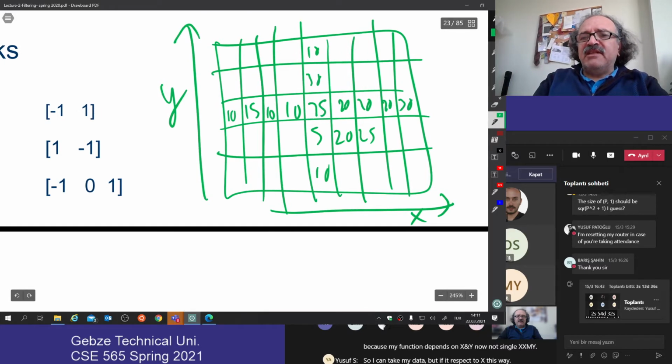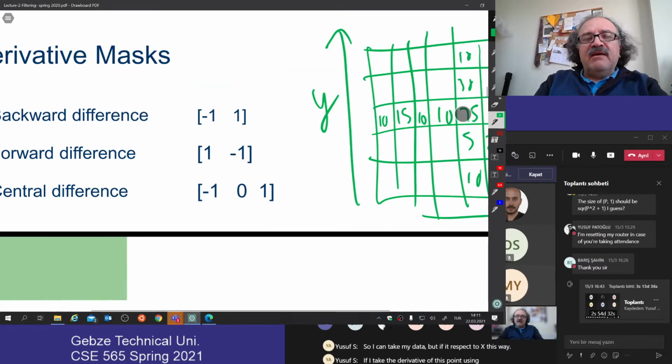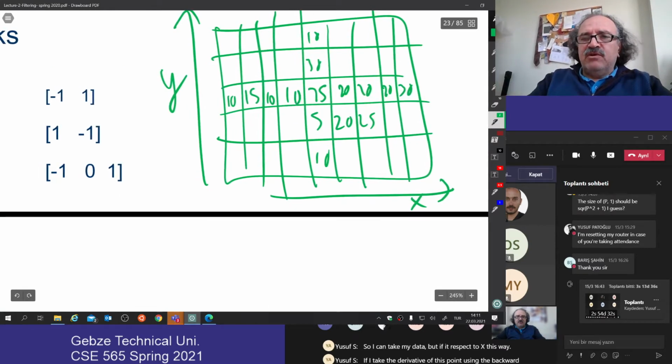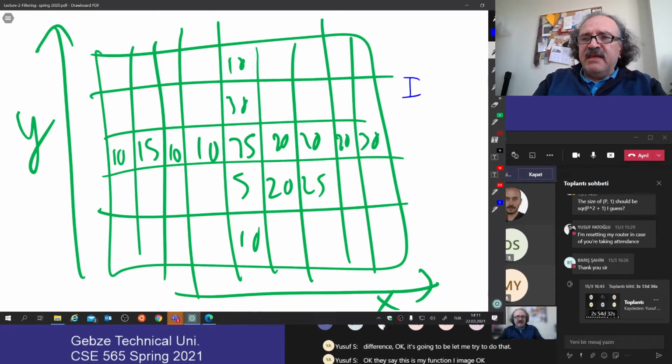If I take the derivative of this point using the backward difference, let's say this is my function I, my image. This is how you show it.